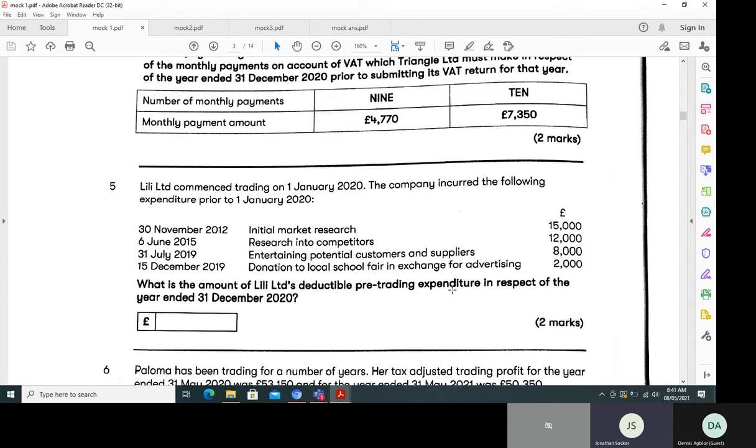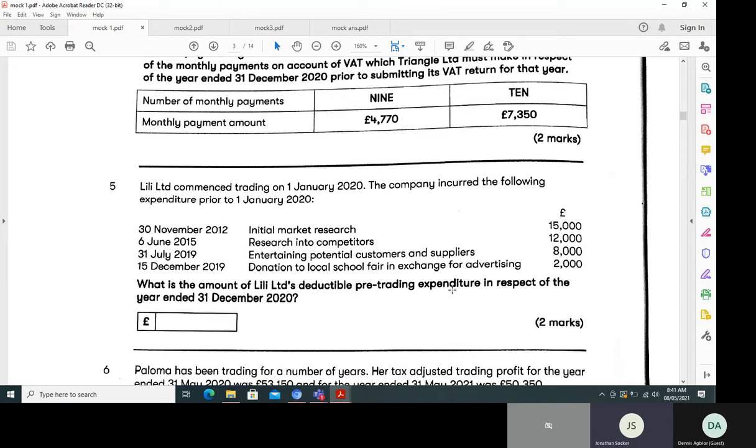But the question we are about to solve is not related to VAT. It's not about input VAT on expenses. It's about expenses we can claim against our trading results, our profit or loss account. That one will only allow entertaining employees. The rest are not allowable.